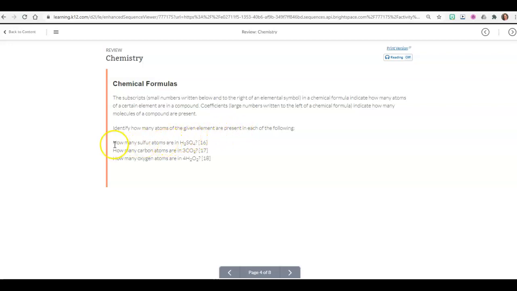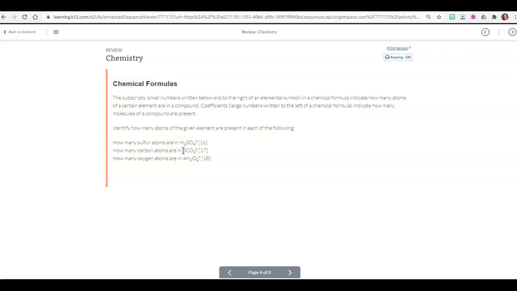So how many sulfur atoms are in H2SO4? If we look at the S for sulfur, we don't see a little number next to it, a subscript, and we don't see a coefficient in front. So we know that there's only one sulfur. If we look at carbon, how many carbon atoms are there? There's no subscript, but there is a 3 in front of it.